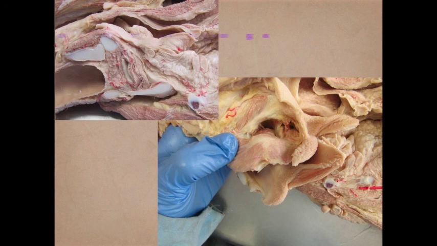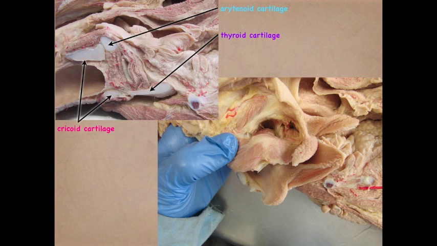And so we look here and we can see the thyroid cartilage, the arytenoid cartilage, the cricoid cartilage, and then here on the dorsal surface of the cricoid cartilage going to the arytenoid cartilage is the cricoarytenoideus dorsalis.